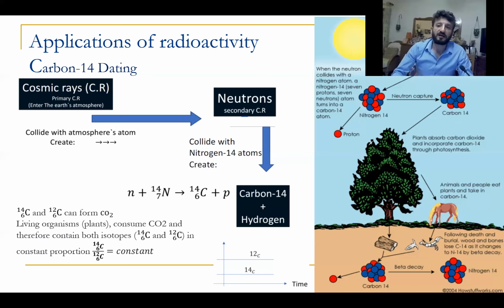Okay, so in the atmosphere we have C14, and also we have another isotope, for example, C12. We have C14 and C12, two isotopes with atomic number equal to 6. These atoms can form carbon dioxide, CO2, and living organisms, like the plants, can consume this carbon dioxide.